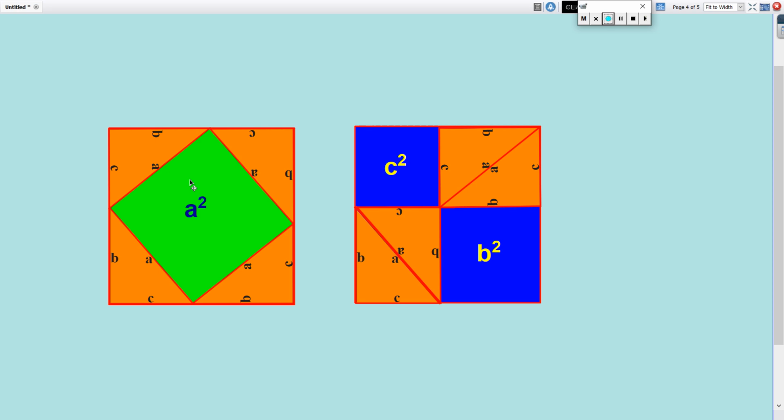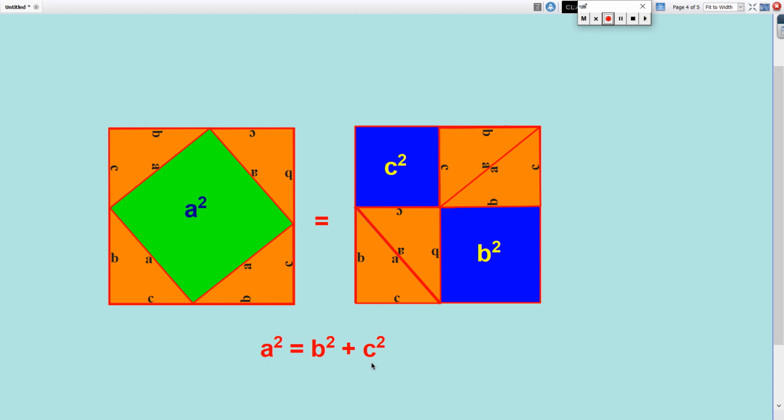Now you know that these two areas, uncovered portions, are equal in area. So we can write A square is equal to B square plus C square.